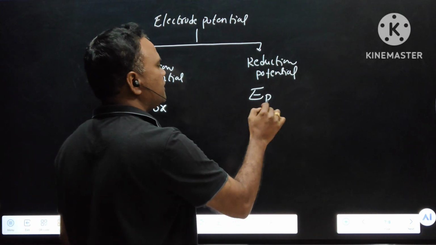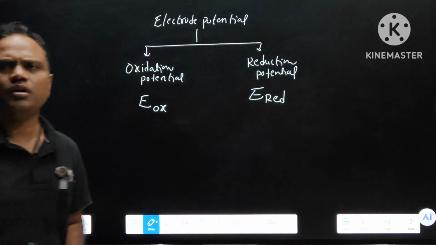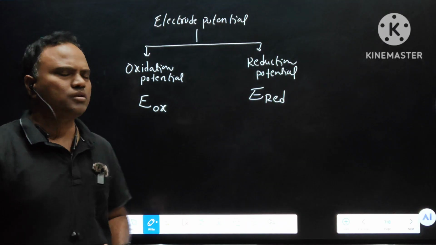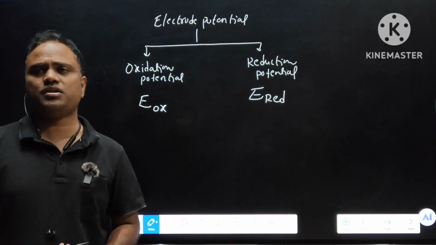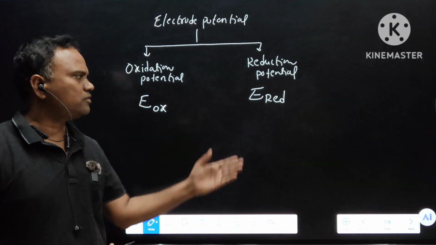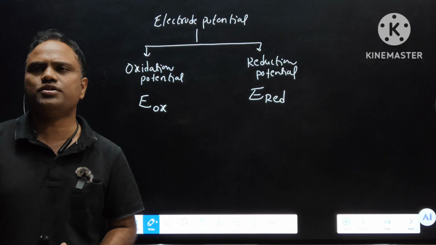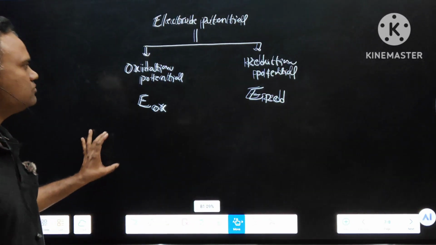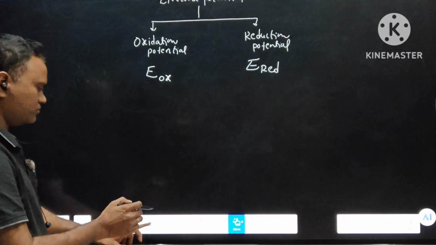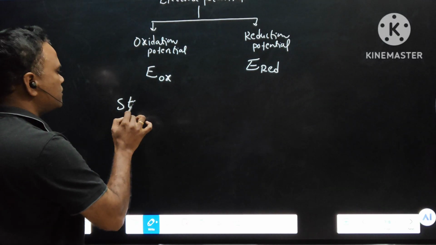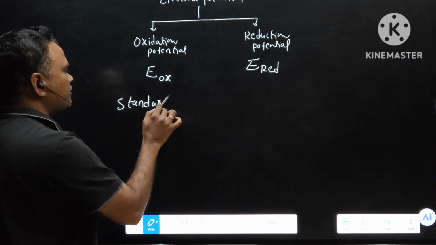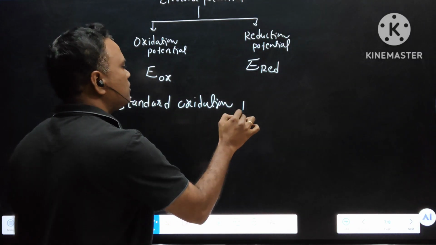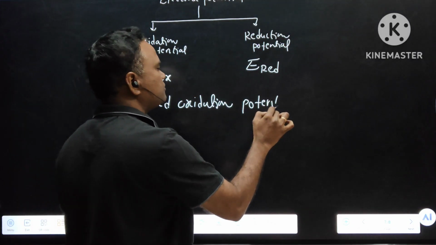E reduction, RED, or we can take it as ER also. In different books, the representation is different. You can go like this: E oxidation and E reduction. Okay. Now, standard oxidation potential. Standard oxidation potential.